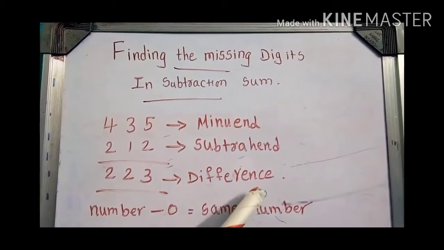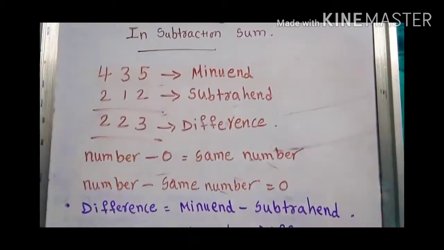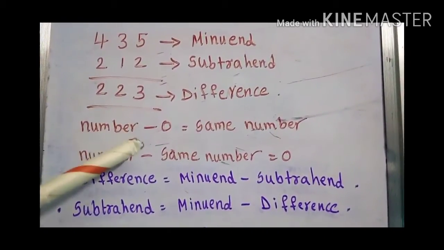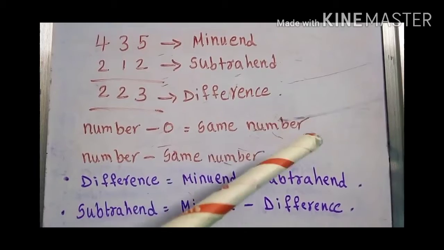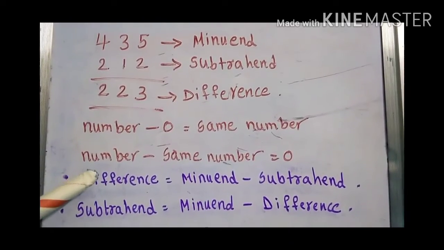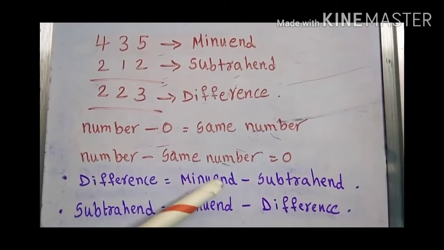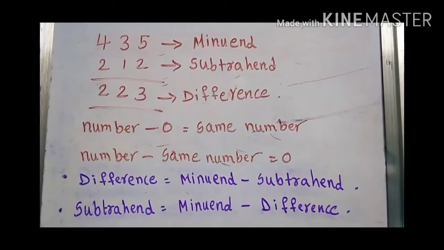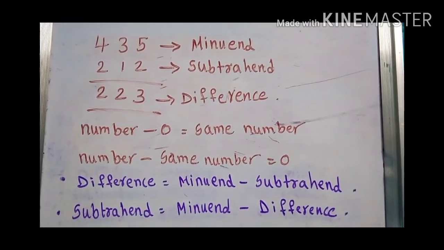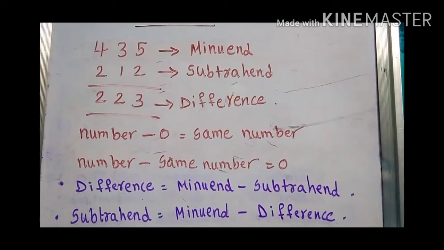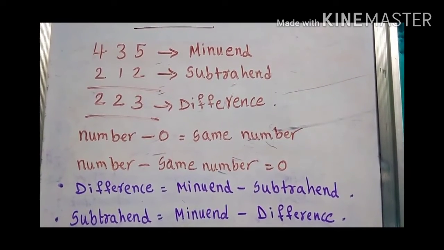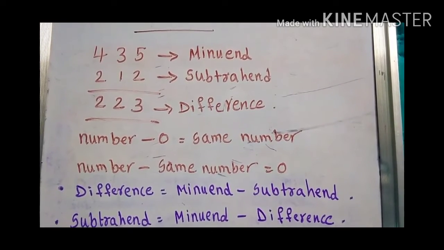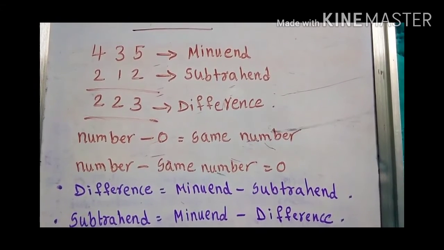The result obtained finally is the difference. Any number minus 0, you will get the same number, and a number minus the same number, you will get 0.